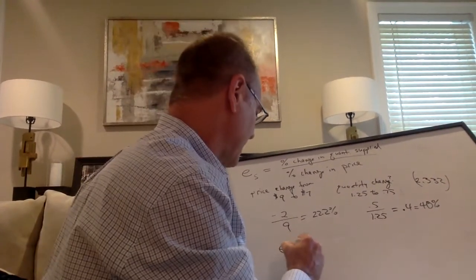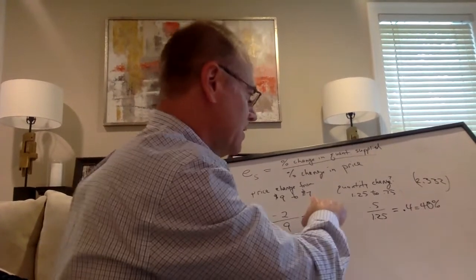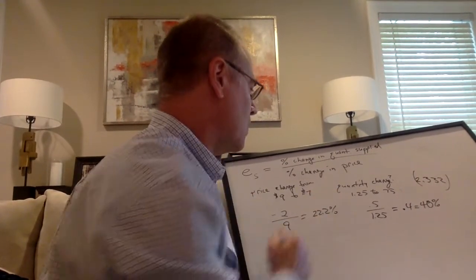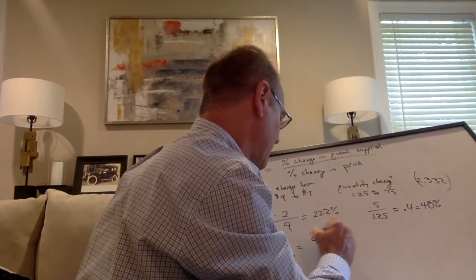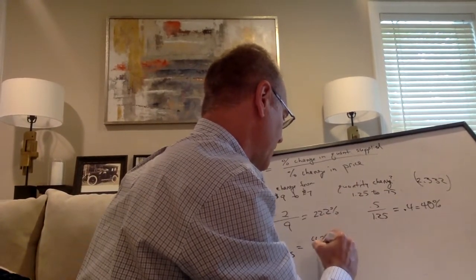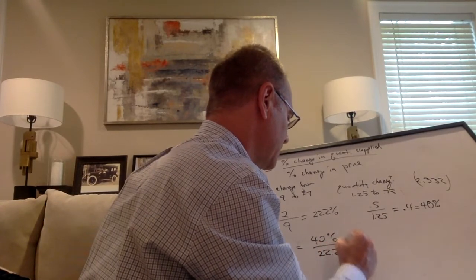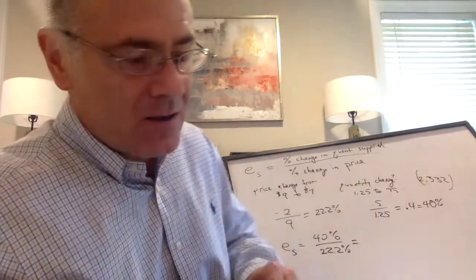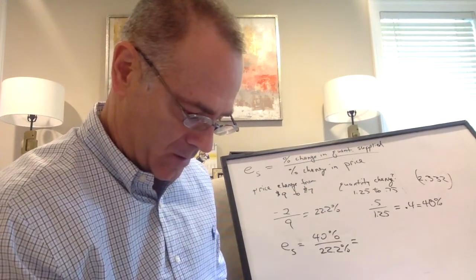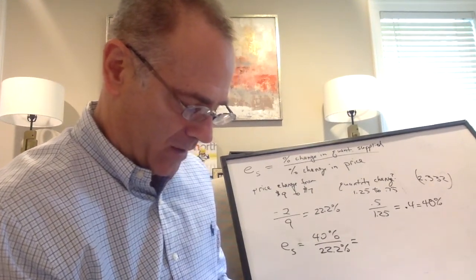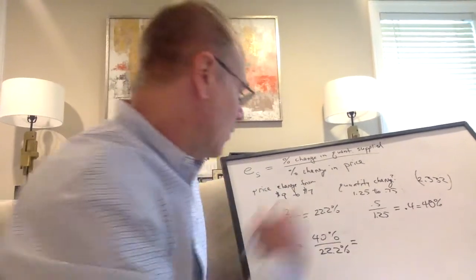So now the elasticity equals the change in quantity supplied, 40%, divided by 22.2%, and we get 1.801.